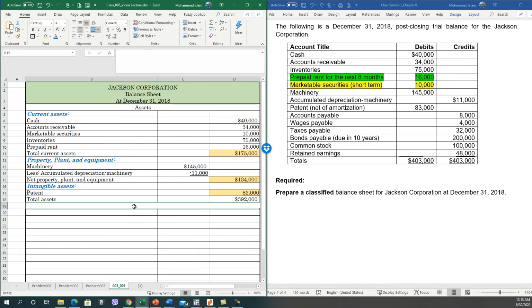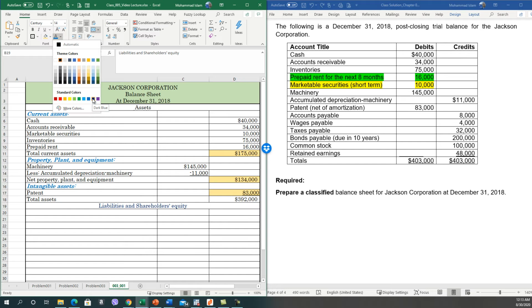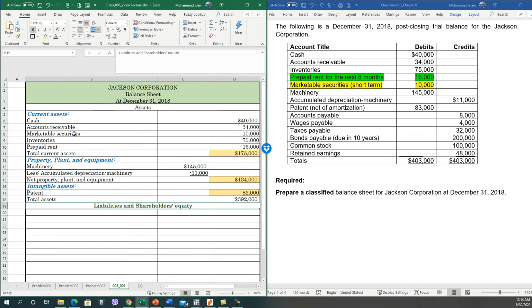This is our liabilities and shareholders' equity. I'm giving this one a different color. Let's use this color.